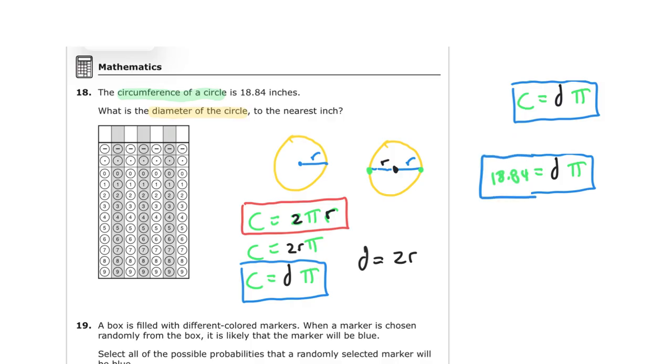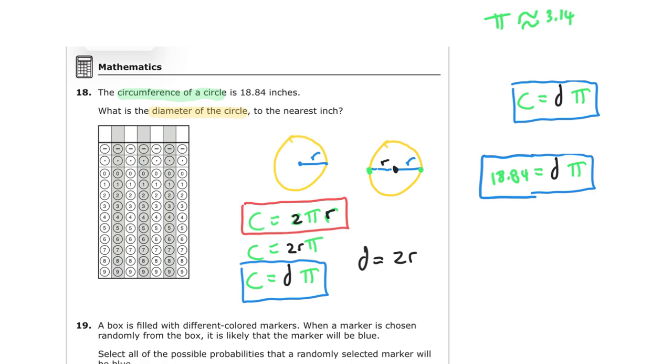And therefore, we can see that this circumference was the result of taking whatever the diameter is and then multiplying it by pi. Now, hopefully, my student watching recognizes that pi is just a famous number that's approximately 3.14.